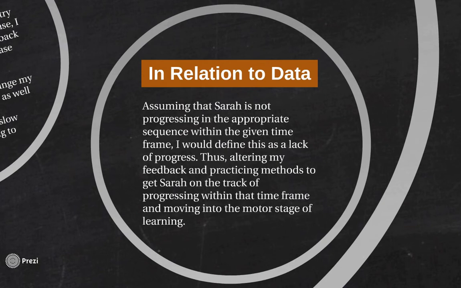So Sarah, she's on the 3rd session and she's still not getting the correct body positions. That is the feedback data that tells me that I need to modify and redesign another plan and make these modifications so that Sarah is able to learn them correctly and get back within the correct time frame and progressing at the right stage, so that we can later on move into that motor stage of learning that Sarah needs to eventually get to.